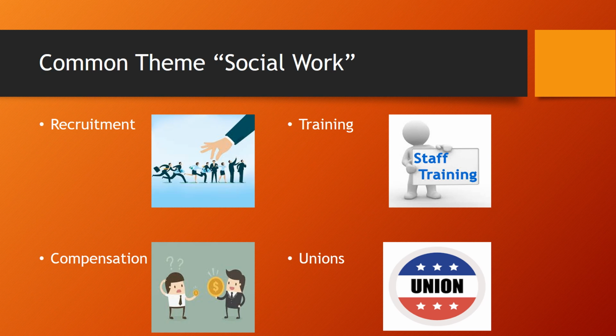The reason I chose this is because I've never really dived into how the union works with social work, so I'm interested in that. And the training, and of course the compensation. So those are my 4 chapters, and the common theme again is social work.